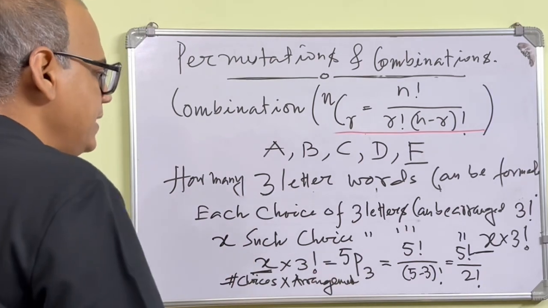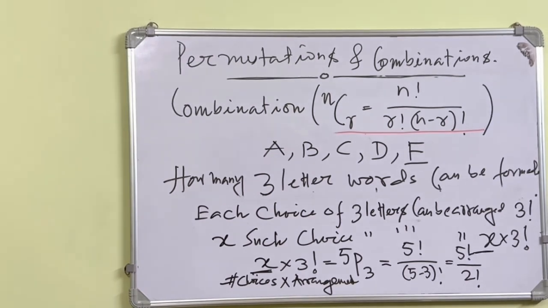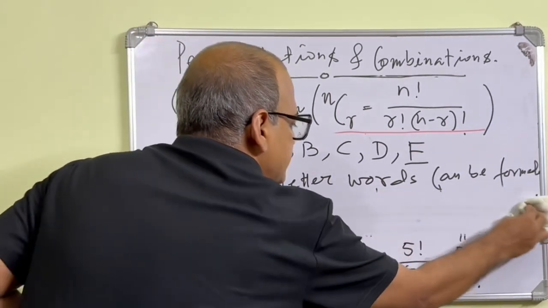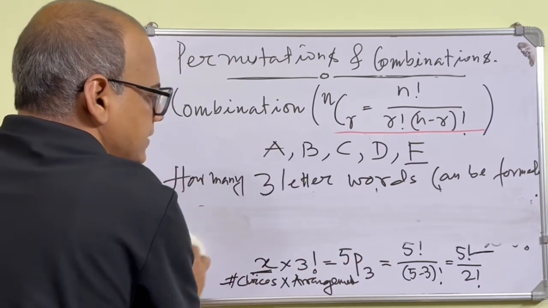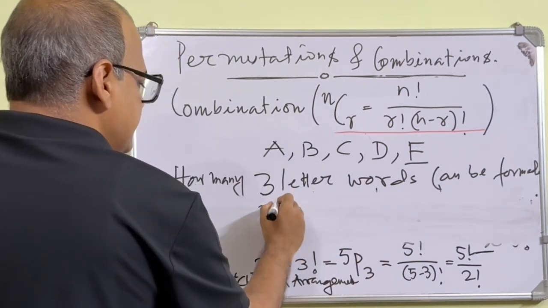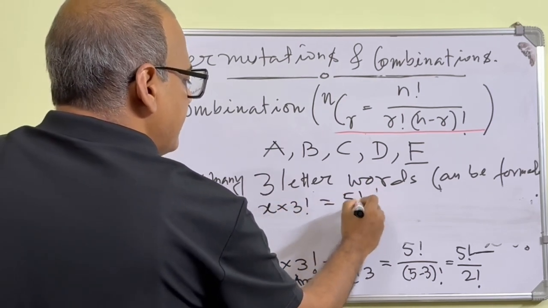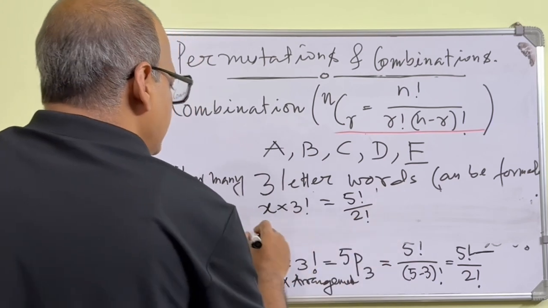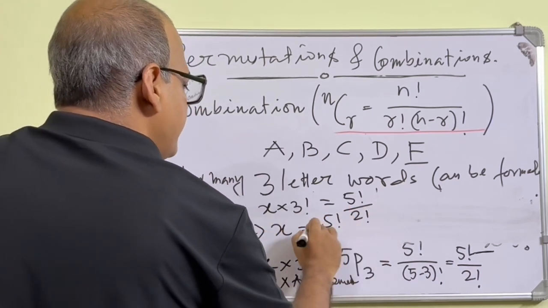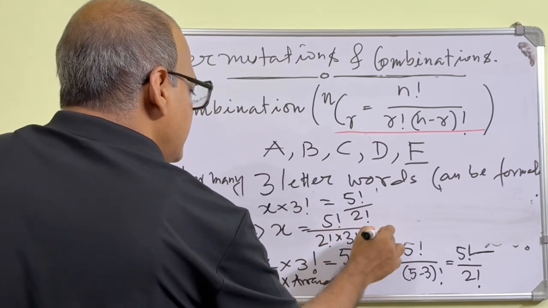So we can simply solve these two to get x. I will write it on the top. What we have seen, x into 3 factorial is 5 factorial by 2 factorial, which implies x is 5 factorial by 2 factorial into 3 factorial.